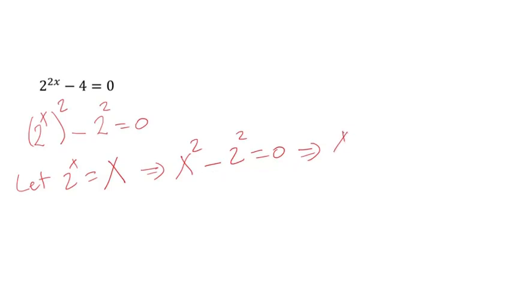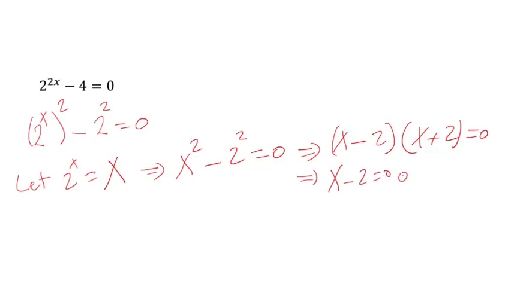This would be factored as X minus 2 times X plus 2 equals 0. The product of two terms equal to 0 means that one of them is equal to 0, or both. So let's set X minus 2 equal to 0 or X plus 2 equal to 0, because if one of them happens to be 0, the entire thing is 0.